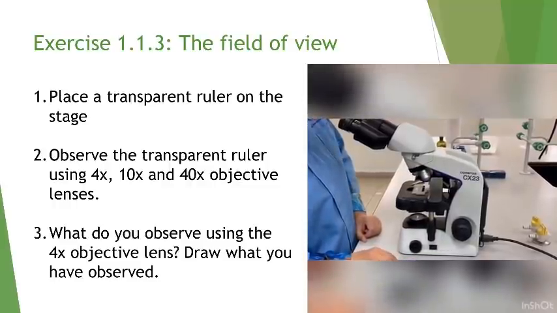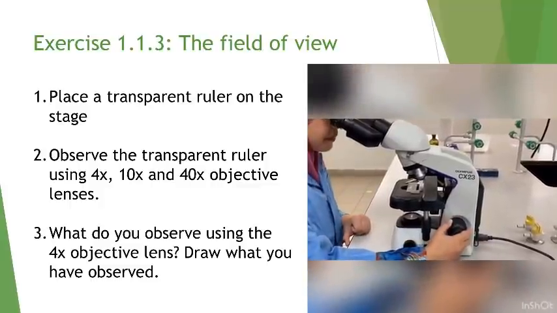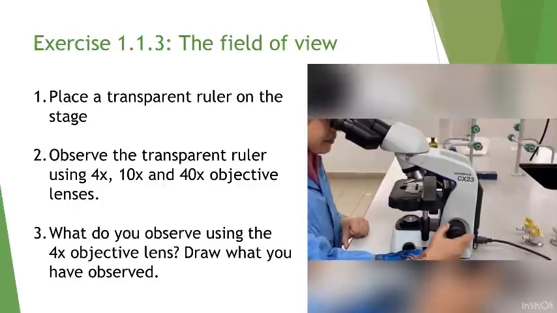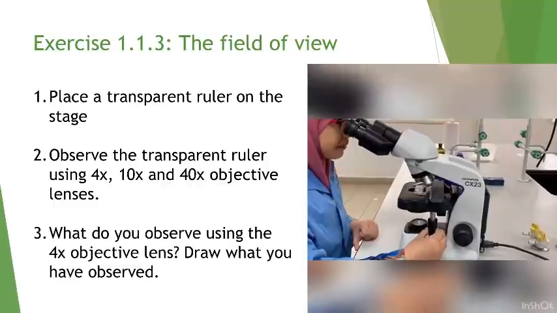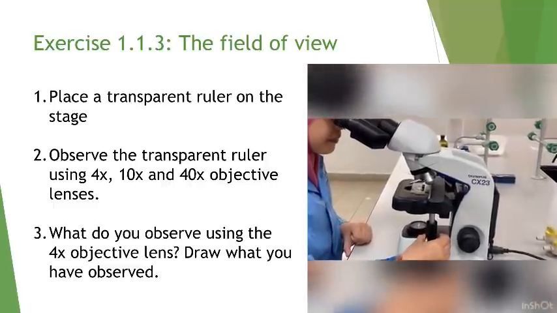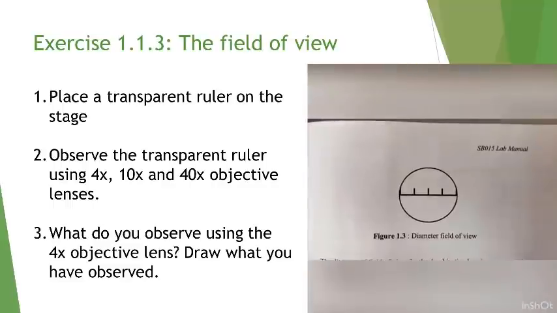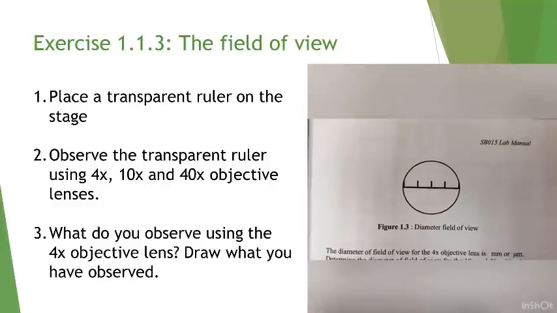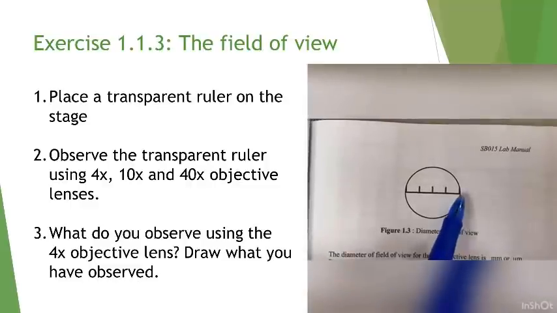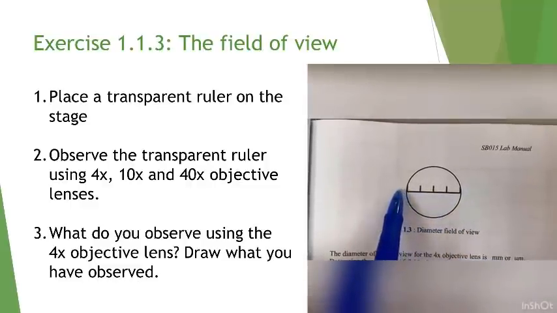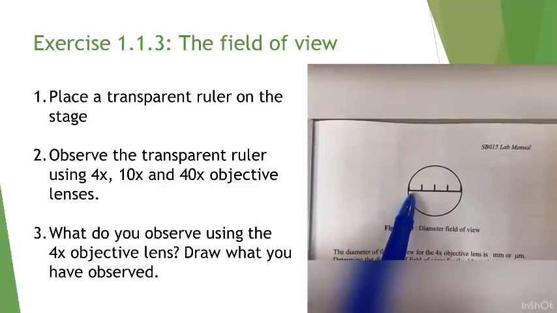So the first objective lens is 4 times. To determine the diameter of the field of view, please make sure the ruler is located at the center of the circle and the first line is at the edge of the circle.